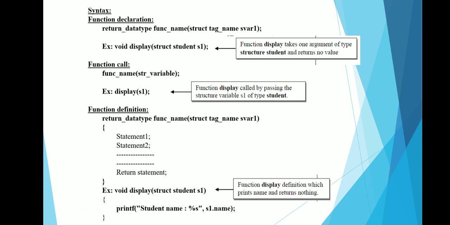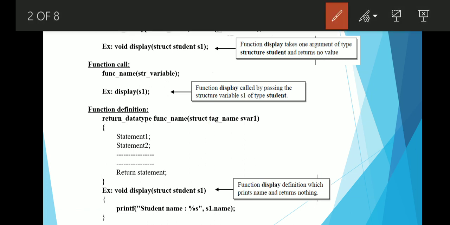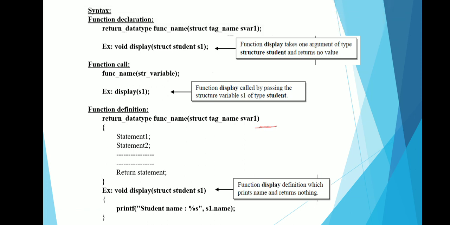The only difference here is there is no semicolon at the end. So for function definition, there is no semicolon at the end, whereas in function declaration there is a semicolon at the end. That is the only difference between function header and the function declaration. The rest of the syntax is the same.